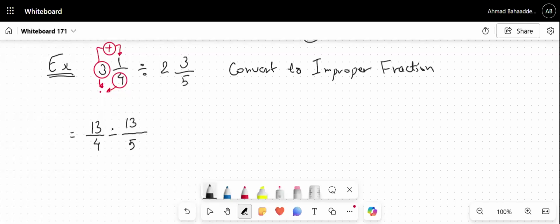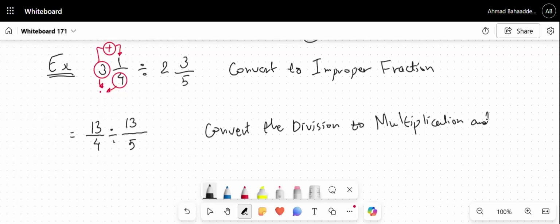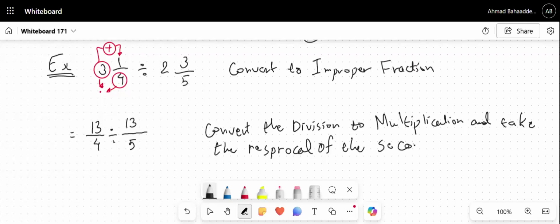Now we have this division, but we convert the division to multiplication and take the reciprocal of the second fraction.